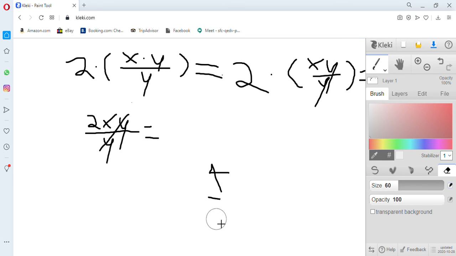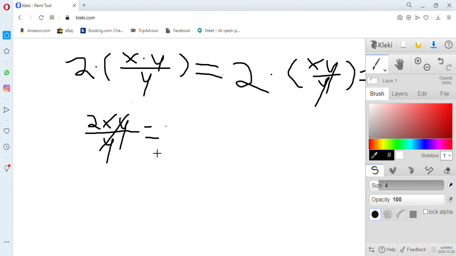Now let's get back to the problem. So we have the 2 y's crossed out. So now all we have is 2x. So the answer is going to be 2x. Because we crossed out the y in the numerator and we crossed out the y in the denominator.